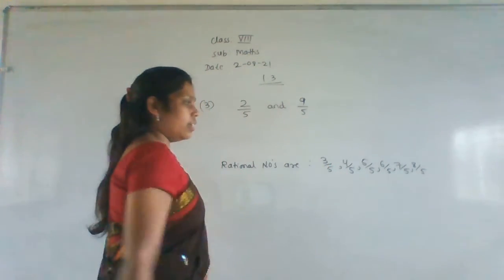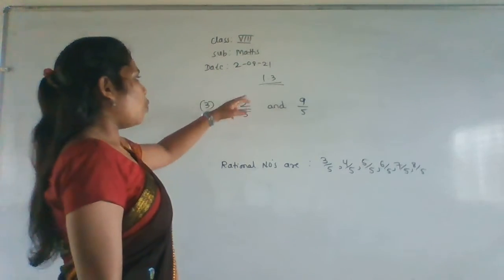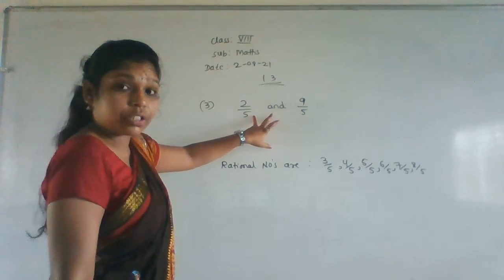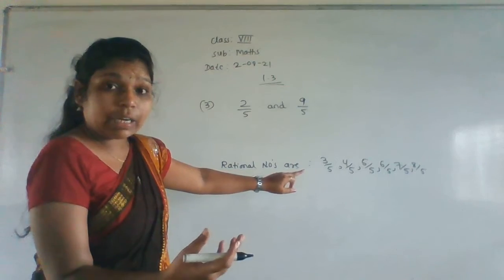I wrote 6 here. You can write any 5 among them. Only change the numerator value. After 2 by 5, what is the rational number? 3 by 5.